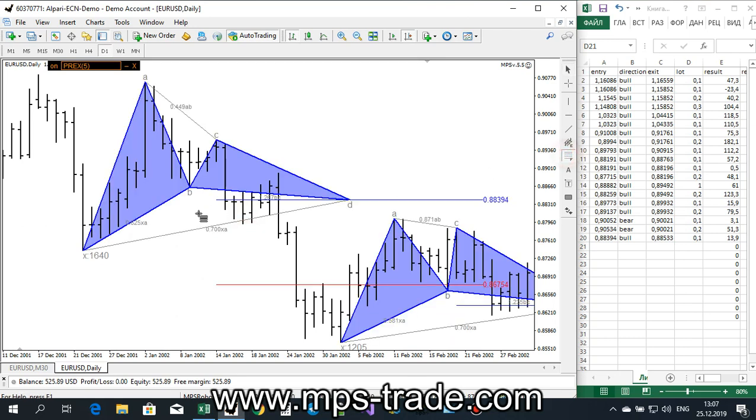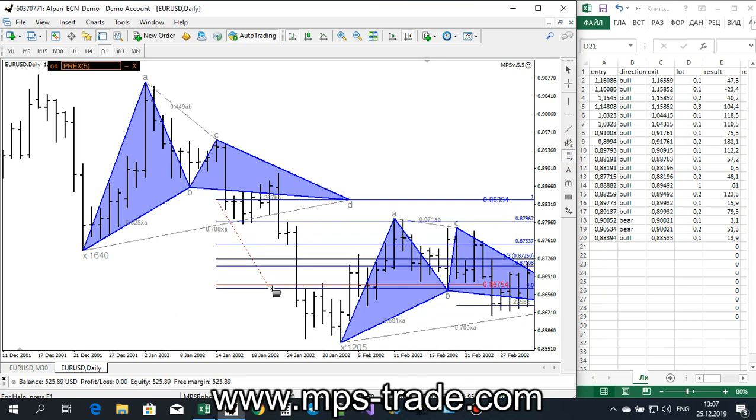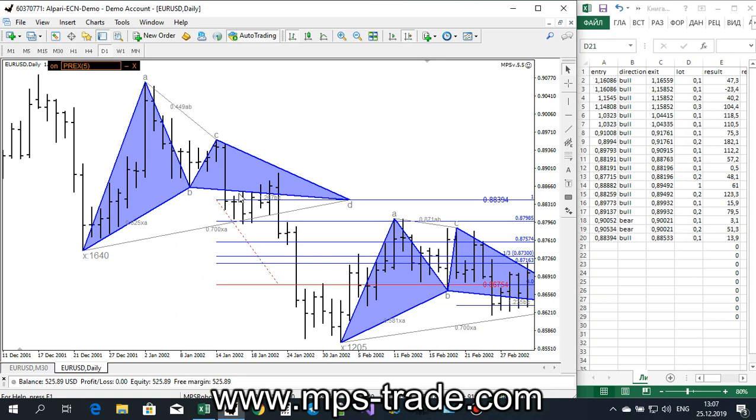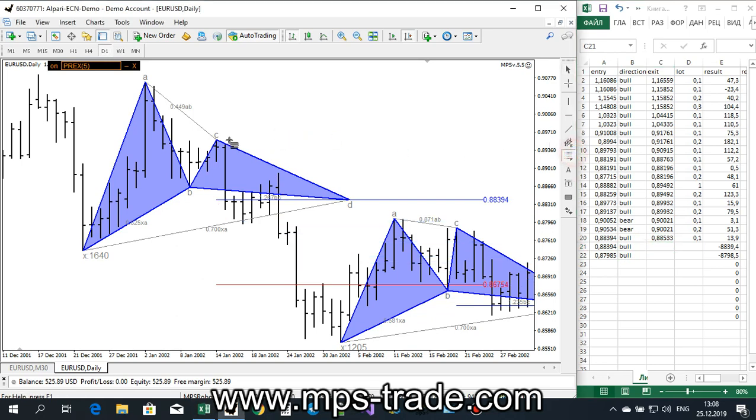Okay, so in this case we do the following. We enter at pattern completion, and then we enter at the second trade. The pattern completion was the same, and the second trade is 0.87895, and again we had a bull trade, and the entry here is different.